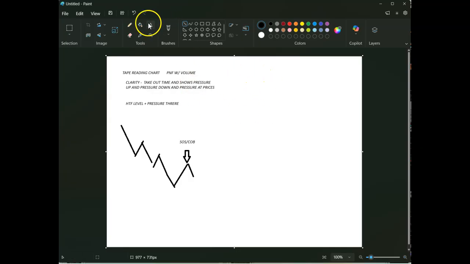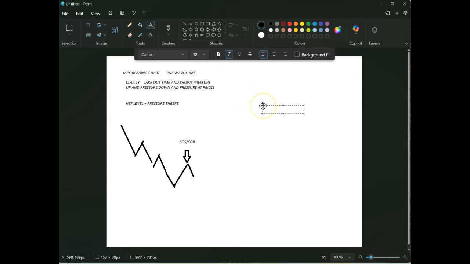There are two steps. First, level, zone, and then pressure. And then you execute.